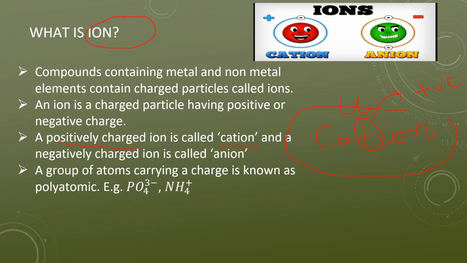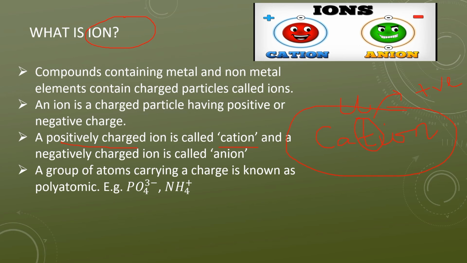We can easily memorize it this way. And the negative charge is called an anion. So ion is a charge carried by the molecule or compound. If there is a positive charge, we call it a cation; negative charge is called an anion.